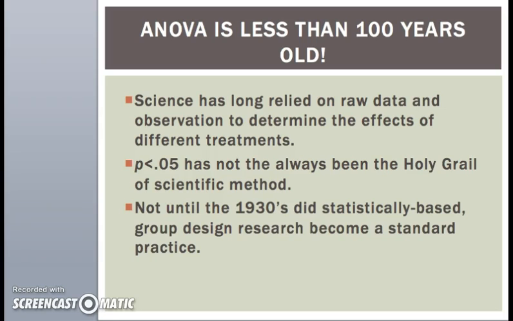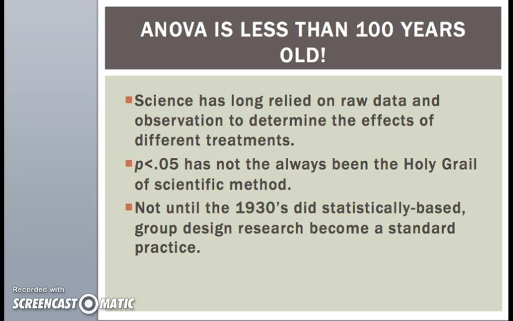Science has long relied on raw data and repeated observation to determine the effects of different treatments. P less than 0.05 has not always been the holy grail of the scientific method. It isn't until the 1930s that a statistically based group design for psychology became a research standard.